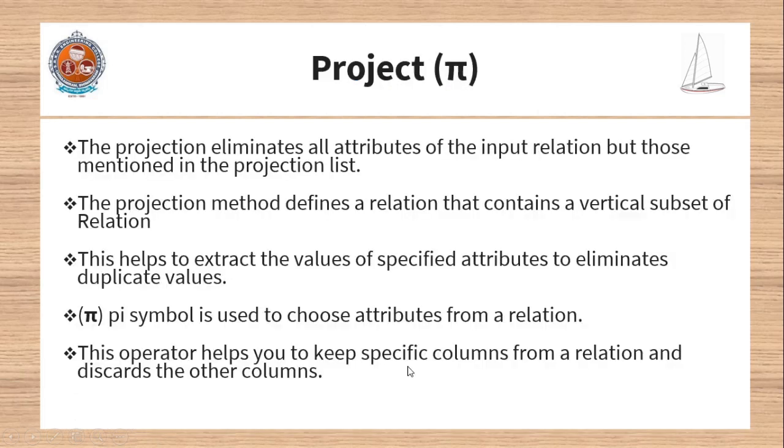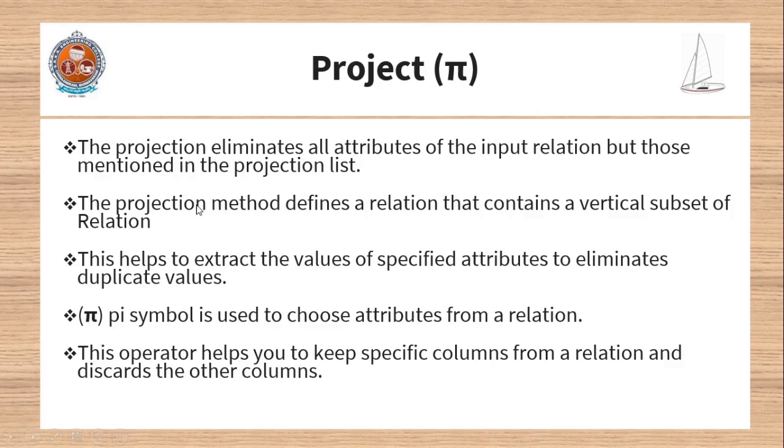Now, the second unary relational operation is the project, which can also be called projection, and the symbol we are going to use is pi. This operation, that is a projection, is going to eliminate all the attributes of the input relation, but those mentioned in the projection list.